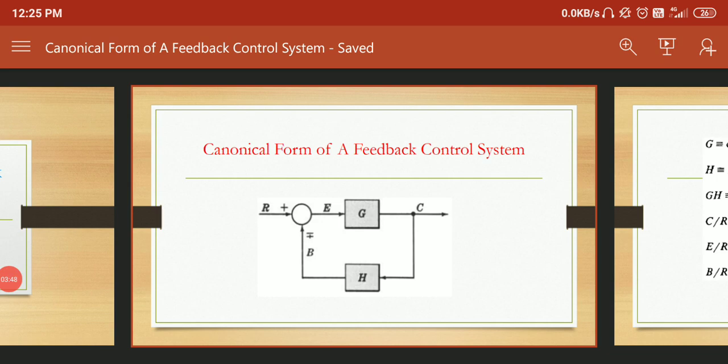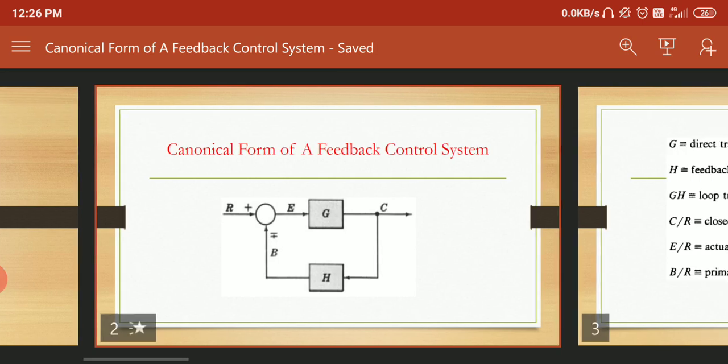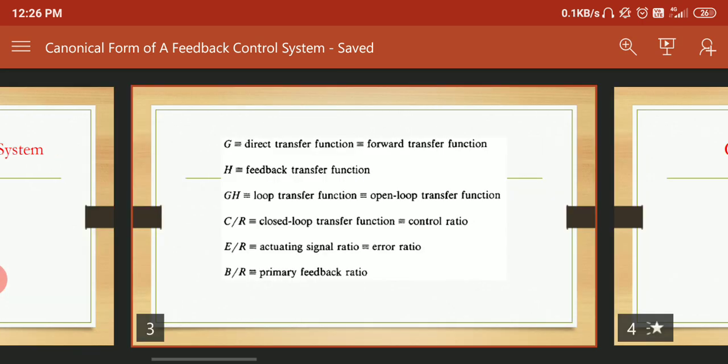This arrow helps us in numericals. So here G is the forward transfer function, and H is the feedback transfer function that we have considered.